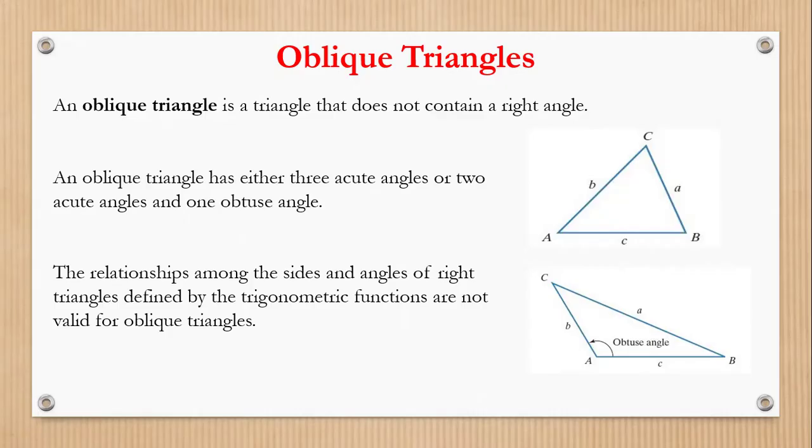An oblique triangle can have either three acute angles, meaning angles that are less than 90 degrees, like the first picture, or two acute angles and one obtuse angle, like the second picture. We want to learn about the relationship between the sides and angles of these types of triangles because we learned everything about the right triangle in previous chapters.